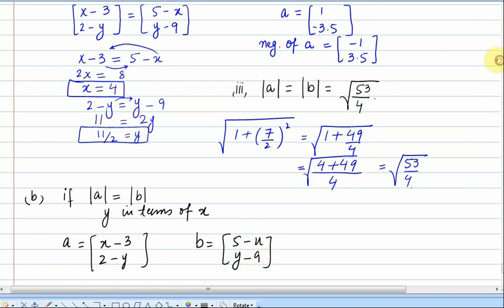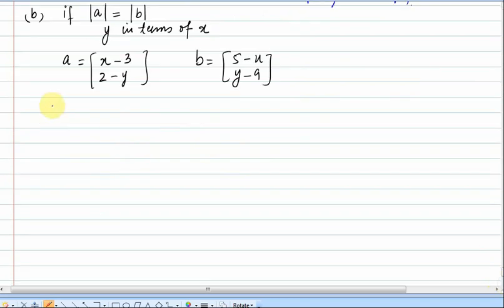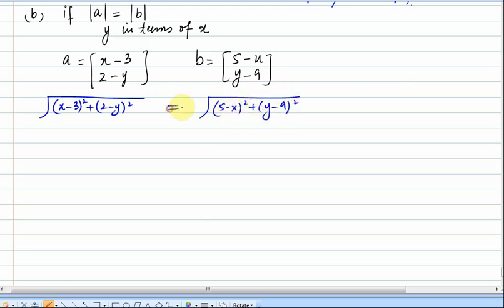So let's start with the magnitude of A. Applying the working formula, it is x square plus y square. The magnitude of B is also x square plus y square. Both are equal according to the given condition. Now it will be an identity.